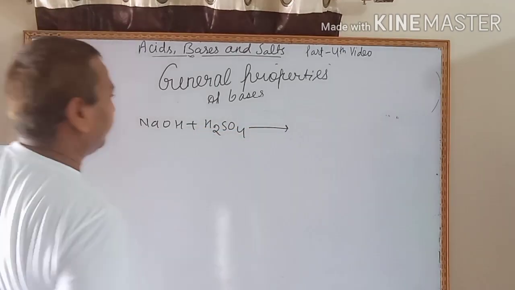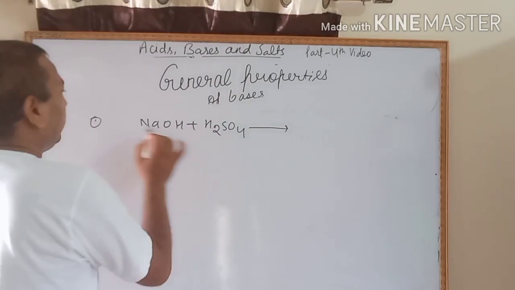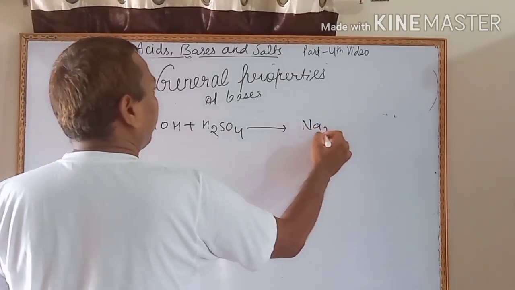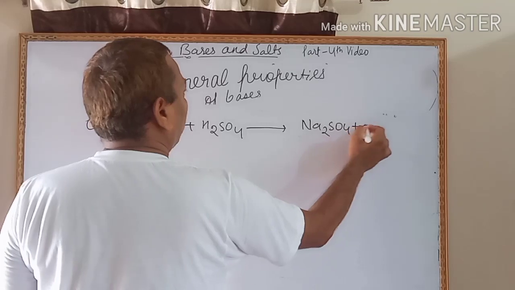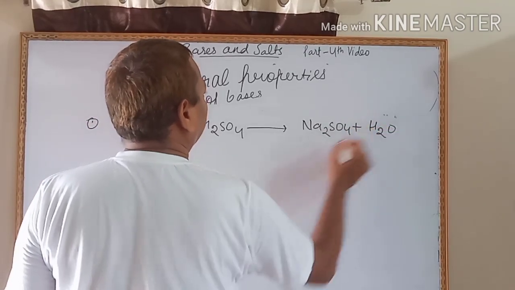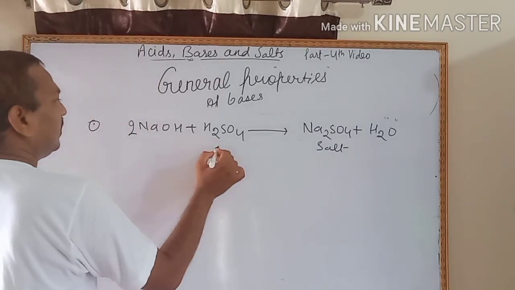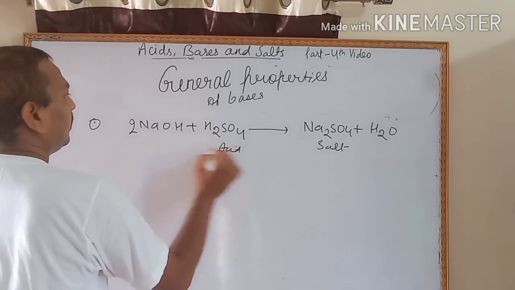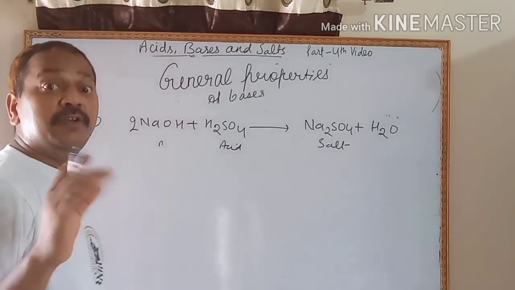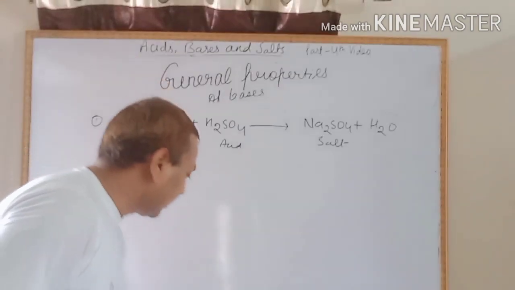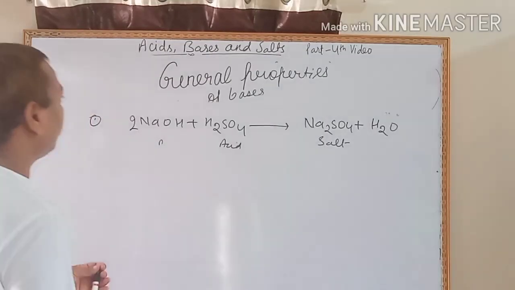So here is the stoichiometric chemical equation: sodium sulfate, salt, and water. This is a salt plus water, from acid and base. So this is also a neutralization reaction. Normally a neutralization reaction is exothermic in nature. So this is one property.